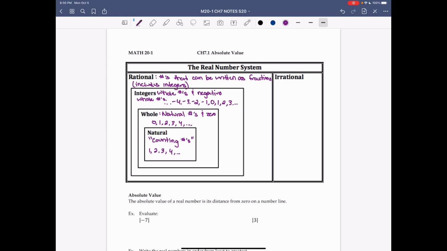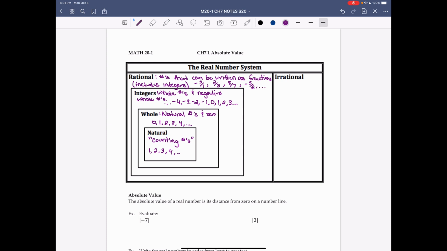We can write any integer as a fraction by putting a 1 underneath it. For example, we could have negative 3 over 1, which just equals negative 3. Some other examples of rational numbers, we could have 2 over 3, 8 over 7, negative 5 over 2, etc.